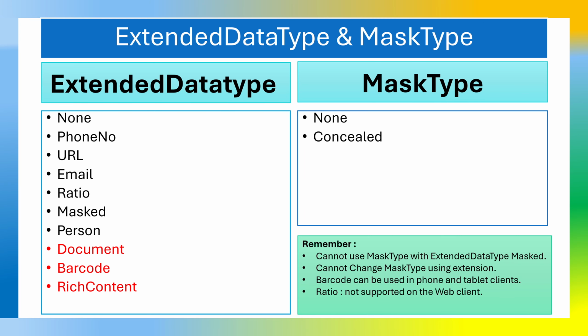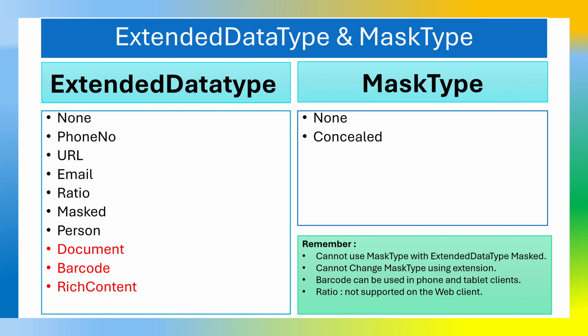So the extended data type, as I said, was available in the product for a very long time, and there are certain options around it. It starts with none, which means there's no extended data type associated with that field. And then there are properties of extended data type like phone number.